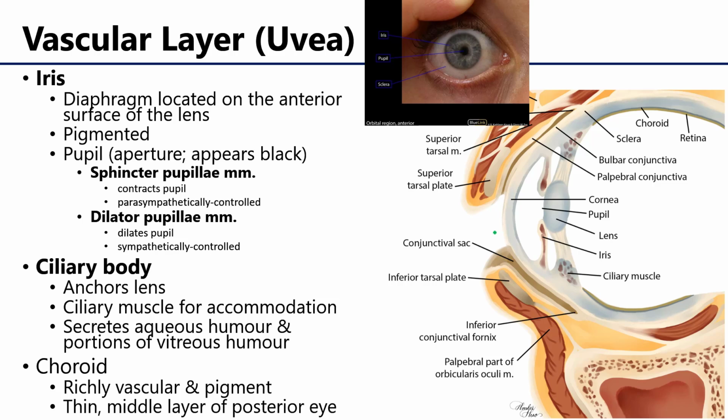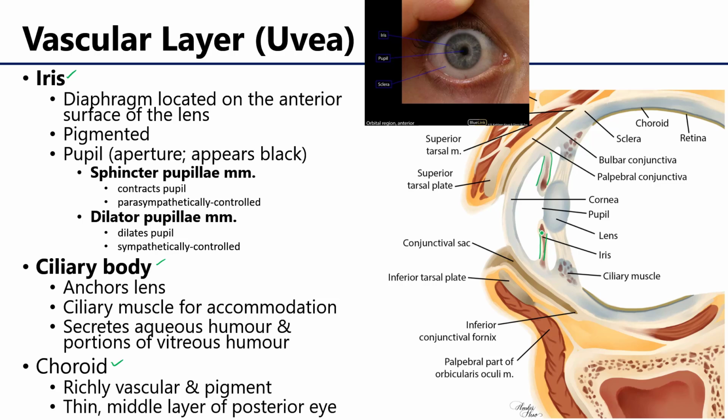The next deepest layer is the vascular layer, also known as the uvea, which has 3 major components to it: the iris, the ciliary body, and the choroid. That iris is, if you can imagine this sort of all the way through, so not sectioned, a diaphragm that sits deep to the cornea, anterior to the lens.